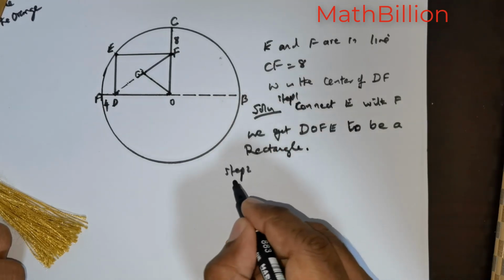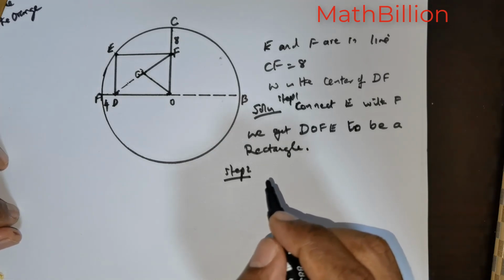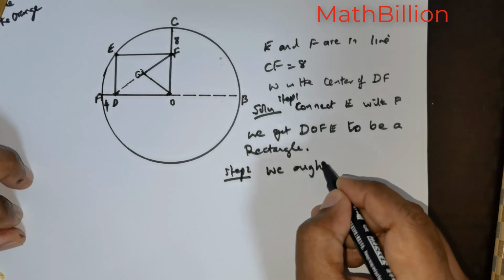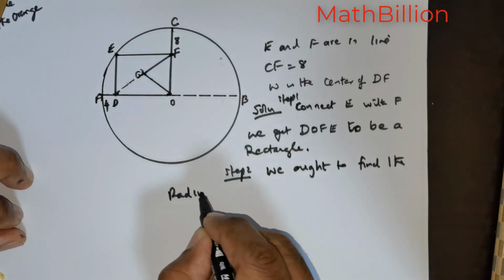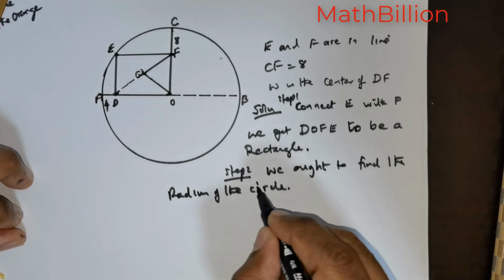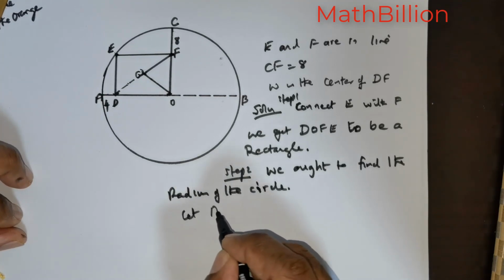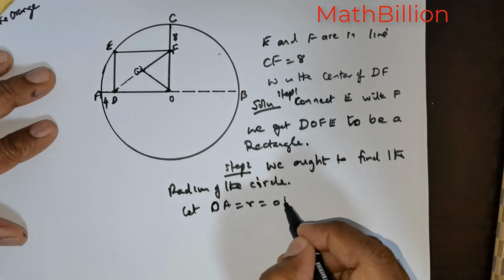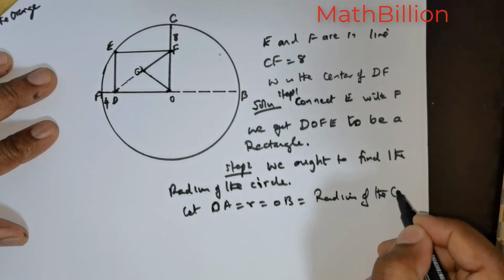Second step, step 2, you have to get the radius. We ought to find the radius of the circle. Now this is very important. Now let OA be equal to R, which is equal to OB, is equal to radius of the circle, right?